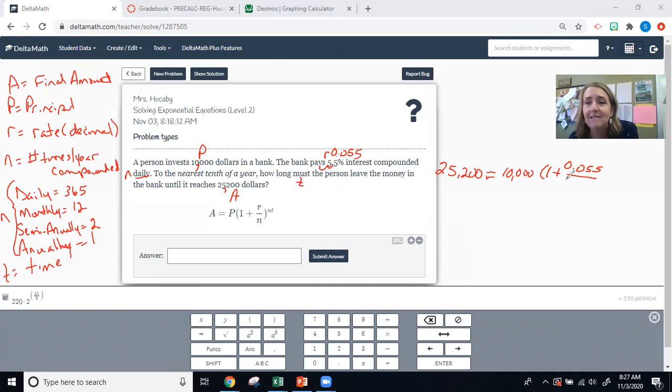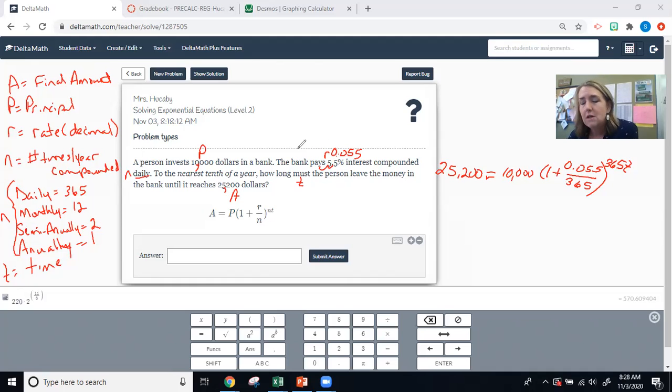It says daily, so we're going to put 365 because there are 365 days in a year. Now I have 2 variables in my exponent. N is 365, and then times T. That's what we're trying to find. That is the only variable left in this equation.